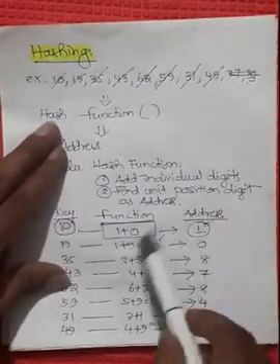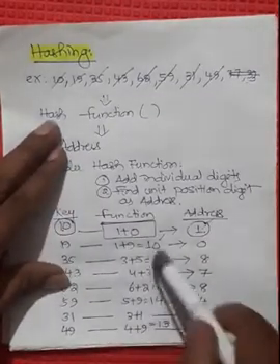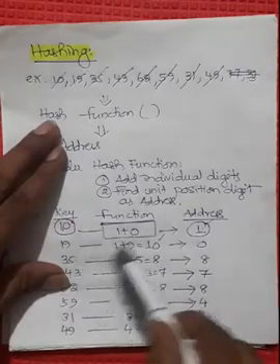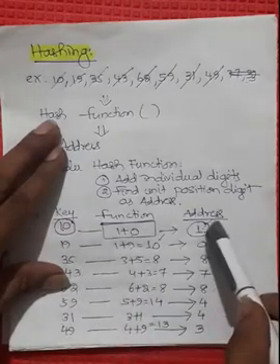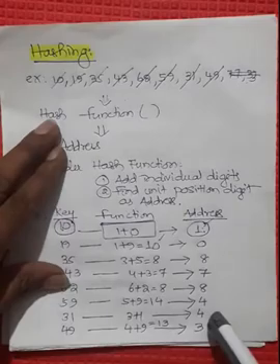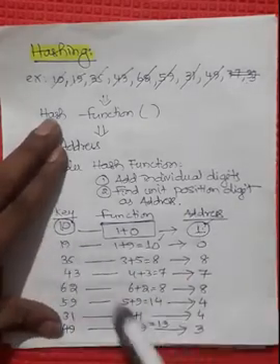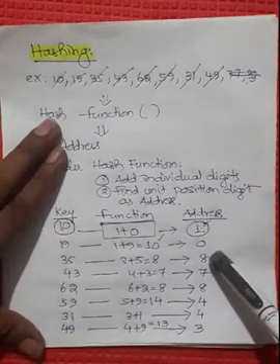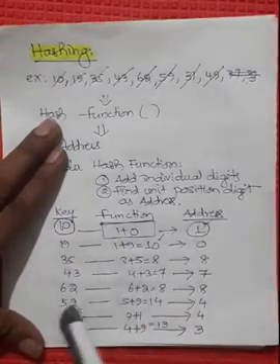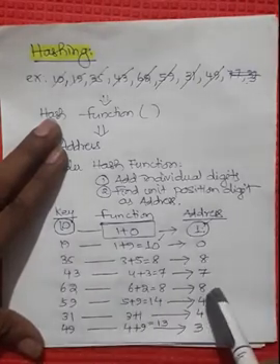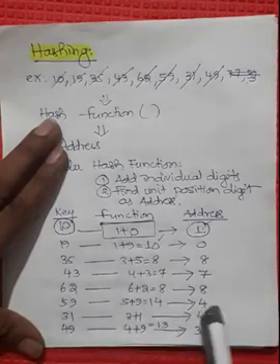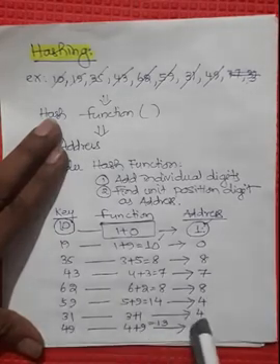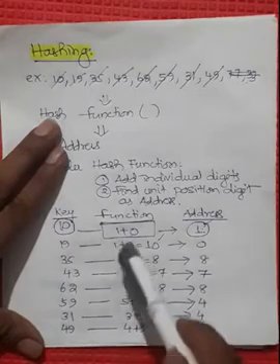For implementing that, we need a standard hash function which should always generate a unique address. In this example, I have not taken a very standard function, which is why some addresses are repeated. Here 8 is generated for 35 and 62 also generates 8. Similarly for 59, 4 is generated, and 31 also generates 4. So it is not that standard.